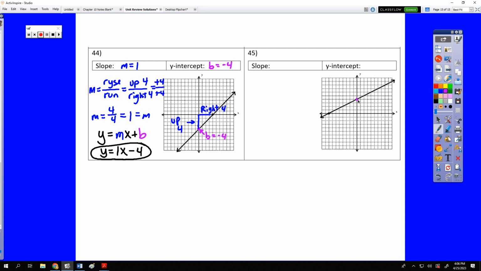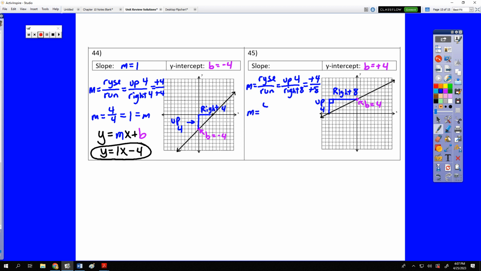Okay, last example. Our b value is positive 4. For the slope, we need to go up and right. We need to go up 4, and right 8. Up 4 and right 8 is our rise over our run, which is plus 4 over plus 8.